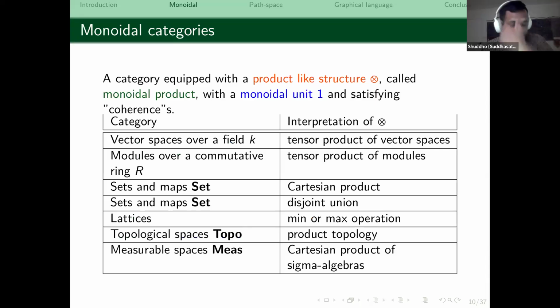Again, most of the examples that we have already seen have made an appearance, such as Set. Let's also take note of the fact that there can be multiple ways by which objects can be joined with each other. Of course, in most contexts, the Cartesian product is an option, but often there are other options as well. So we are looking specifically at dynamical systems which are functors from a time category into a monoidal category.